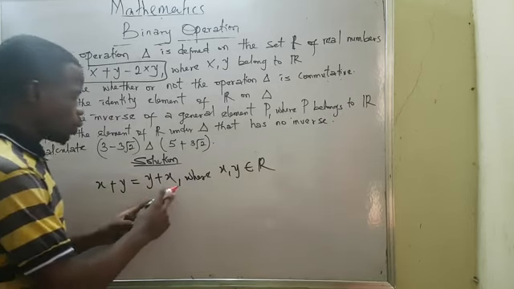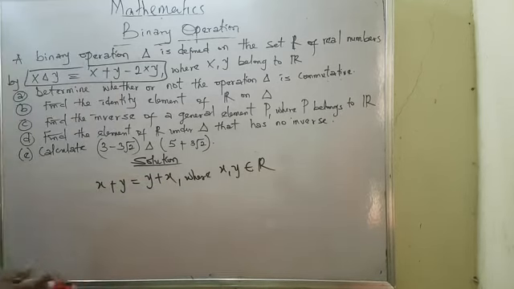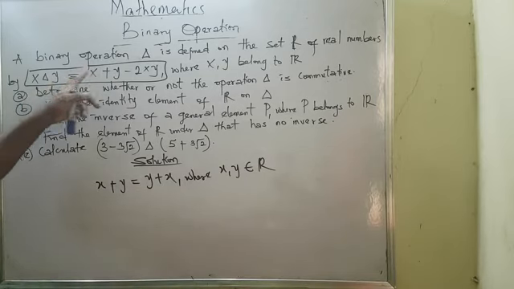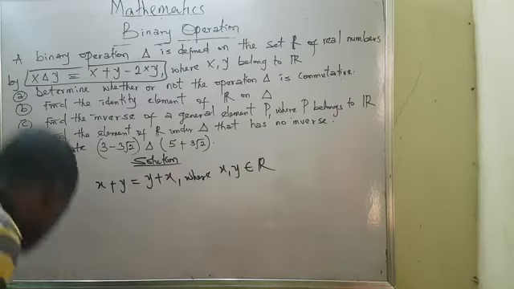Therefore, this should be equal to this. This is the definition of commutativity, so this is what we are going to use here for this expression. So let's use it.